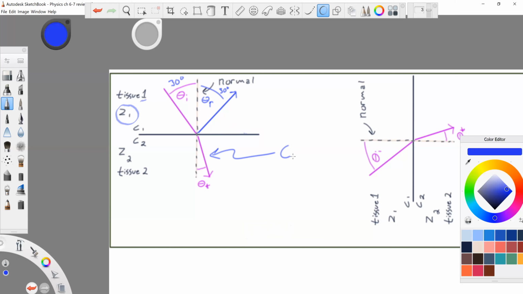If there is no change in speed, you may still have a reflection, but the continued transmission would be straight, more or less straight, if there was no change in speed but there was a change in impedance, and that's perfectly possible.